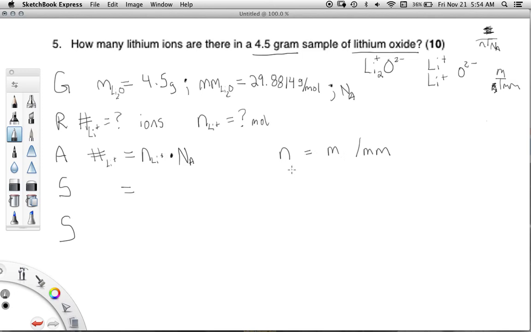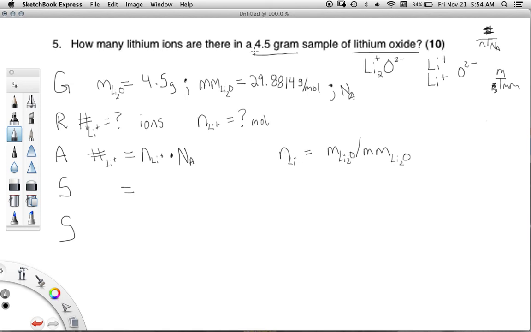But we have to watch here. I want the moles of lithium. This is the mass of lithium oxide. I cannot just go ahead and put in that mass divided by the molar mass of lithium oxide and get the moles of lithium. Where'd the oxygen go? You can't just use a number that relates to lithium oxide and get the number of moles of lithium.